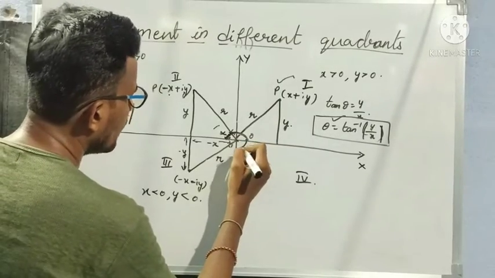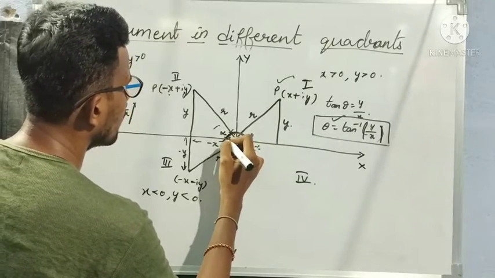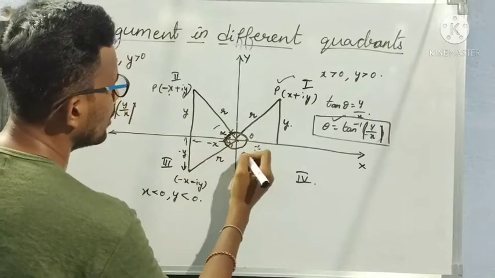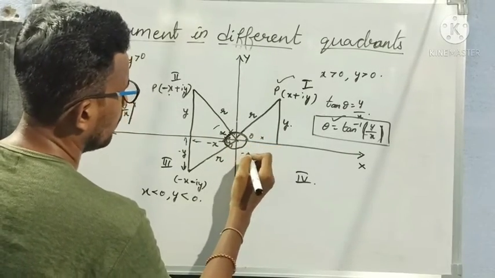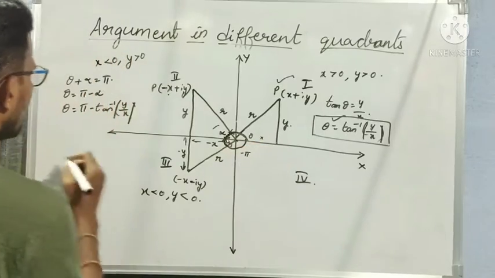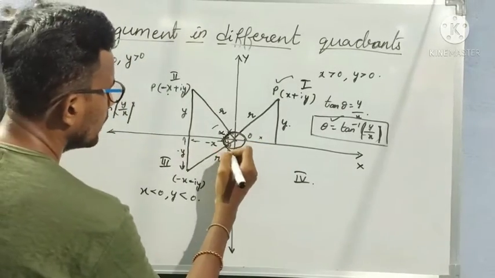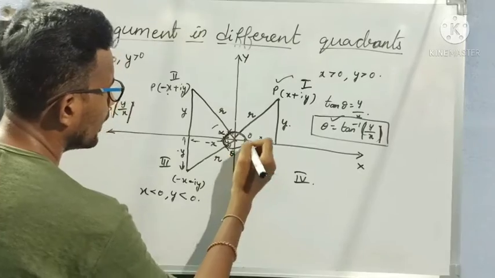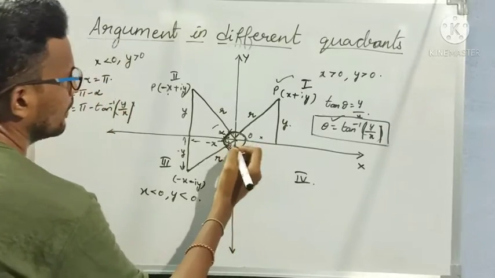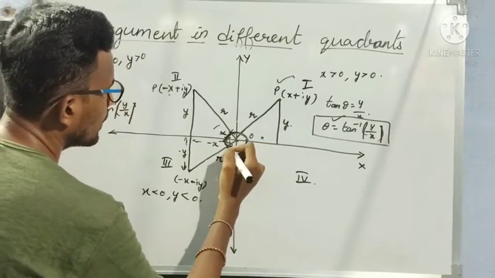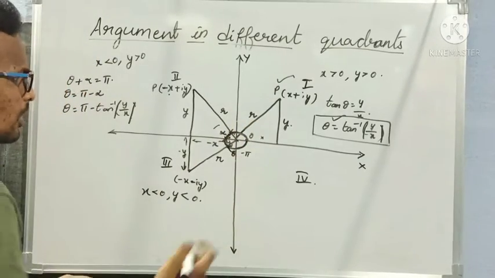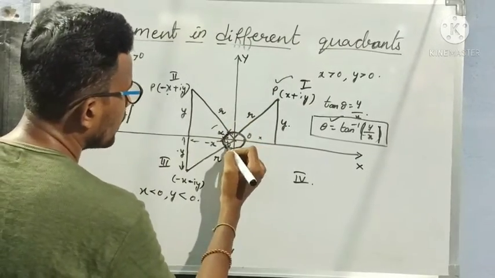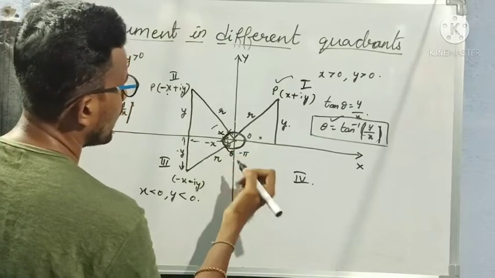Here I am traveling in an anti-clockwise direction, so this value from here to here will become minus pi. Okay, anti-clockwise direction. So this angle theta I have to find from the negative x-axis downwards. Again I should not take the reflex angle here. Understood? Whenever we are finding in the third quadrant, we have to take this angle as theta.